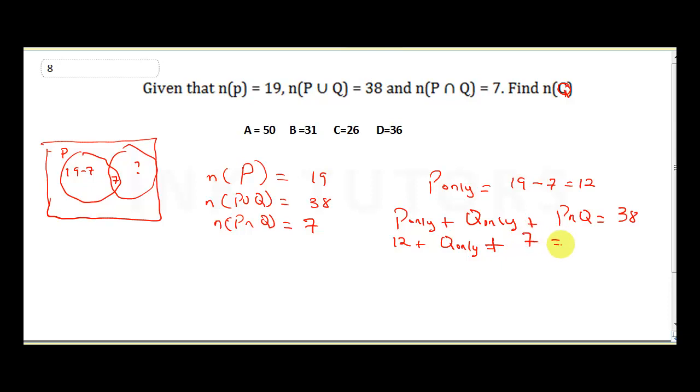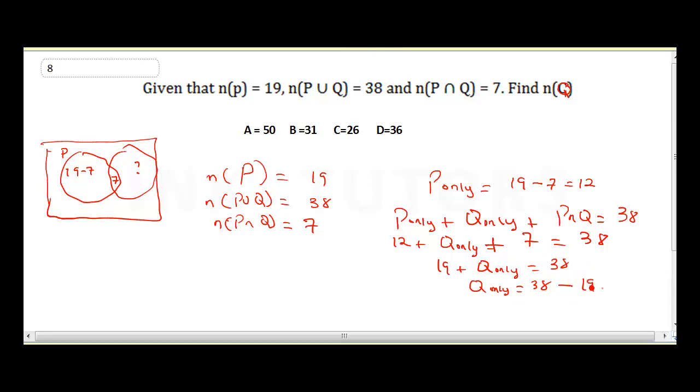Now this will give us 38. Now what we need to do is add up the numbers. 12 plus 7 is 19, plus Q only will give us 38. Therefore our Q only is going to be 38 minus 19, and that's 19.